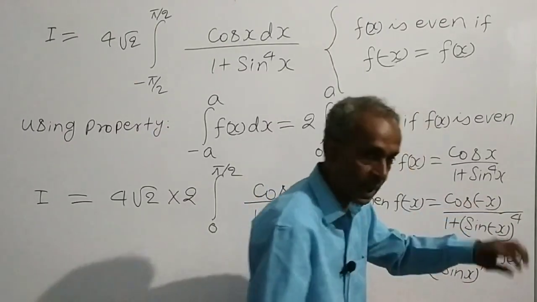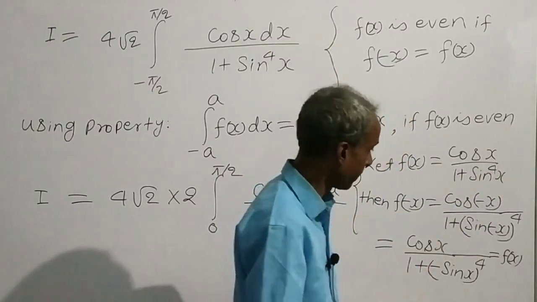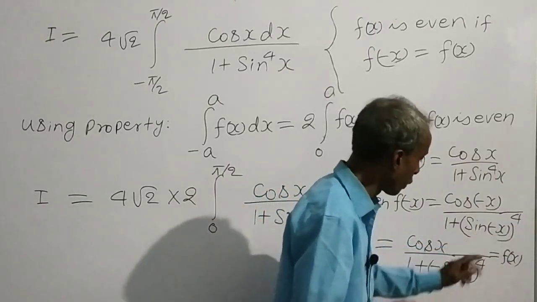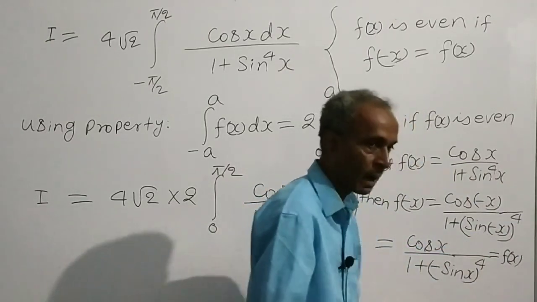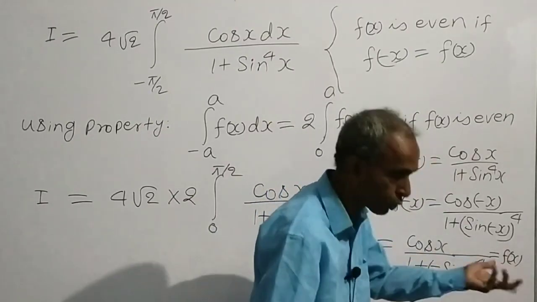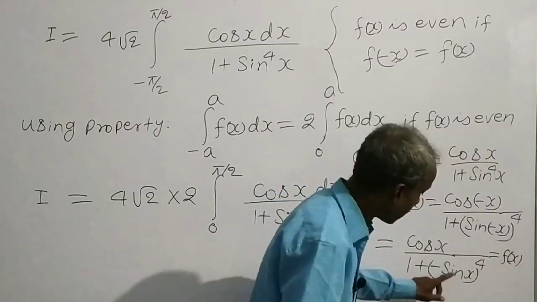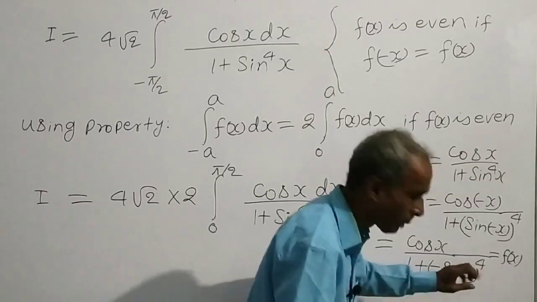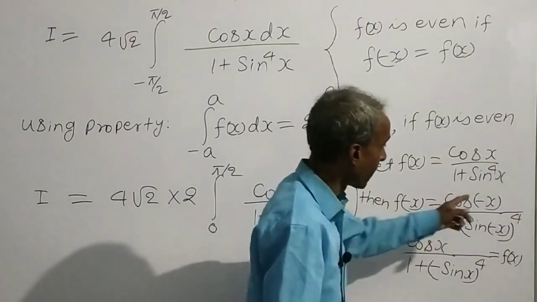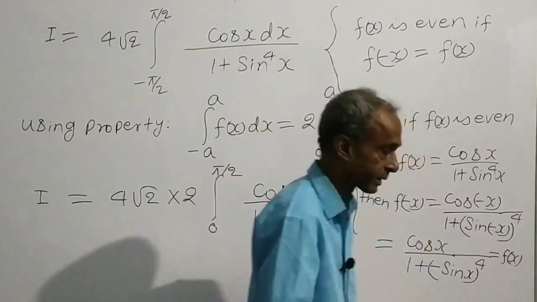Cos minus theta is equal to cos theta, therefore cos minus x will be cos x. Sin minus theta is minus sin theta, therefore this will be minus sin x to the power 4. And a negative number to the power 4 will also be positive, therefore minus sin x to the power 4 will be equal to sin x to the power 4, that means equal to this, therefore this will be equal to f(x).